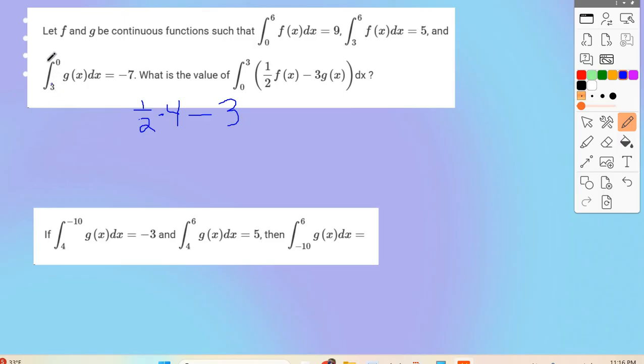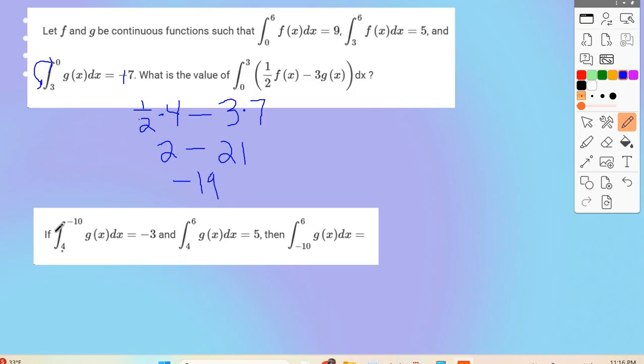So if I want to switch these, I can do that as long as I make this positive. So that becomes a +7. So we end up with 2 minus 21. So we get a -19 as our answer.